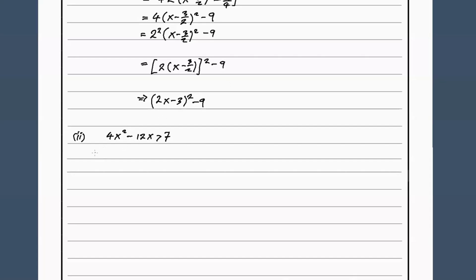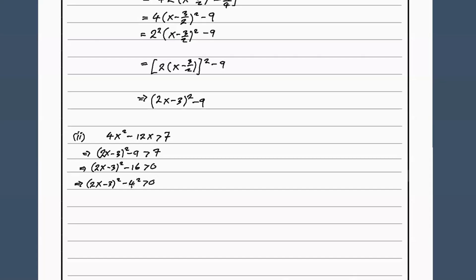So we can substitute that, which means that it's as good as we have 2x minus 3 squared minus 9 being greater than 7. Alright, so I'll take the 7 to the left, which means that we'll be having 2x minus 3 squared, and minus 9 minus 7 is minus 16, and is now greater than 0. So this is as good as we have 2x minus 3 squared, and minus 16 is like minus 4 squared is greater than 0.